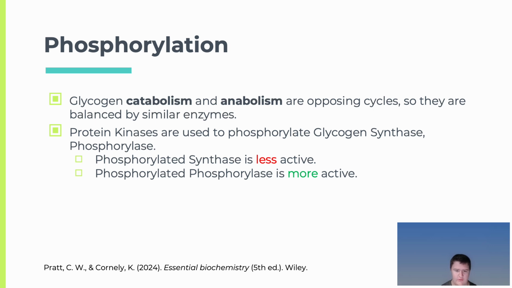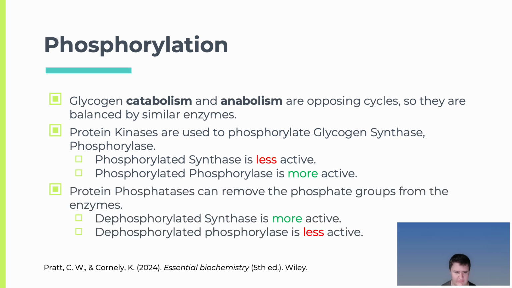It's important to note that the phosphorylated synthase is less active, while the phosphorylated phosphorylase, that's a mouthful, is more active. And then protein phosphatases are also used. They will remove the phosphate groups from the enzymes. So the dephosphorylated synthase is more active, and the dephosphorylated phosphorylase is less active.